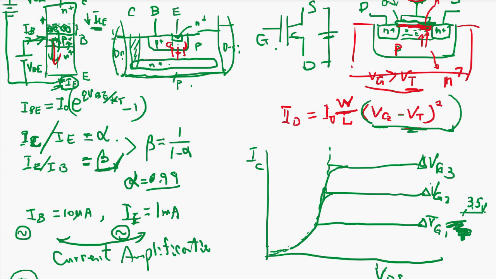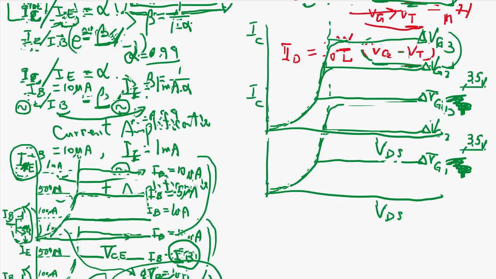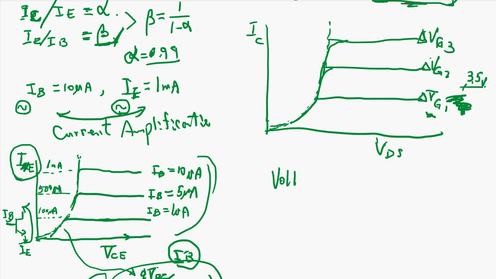so if you compare with bipolar, this is not the current IB, so this is voltage amplification, because there's no current for the gate. This is basically a capacitor.